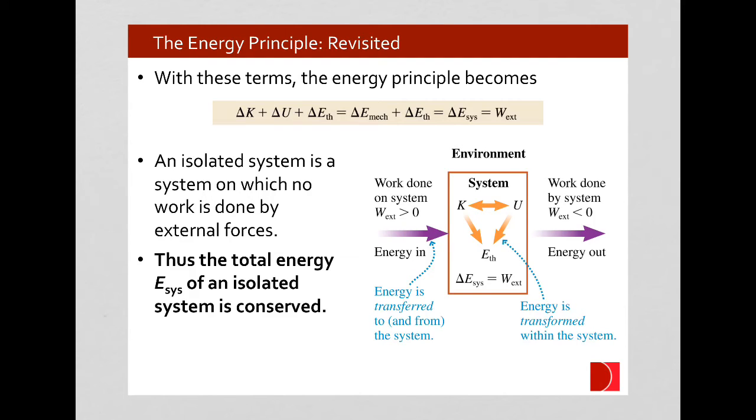Thus, when we look at the overall system, we've said that the total energy of the system is the kinetic energy of the system, the motion, plus the potential energy of the system that's stored in the interactions within the system, and the thermal energy of the system. We define the potential energy and the kinetic energy as the mechanical energy of the system.